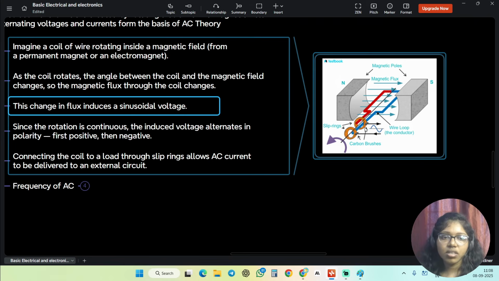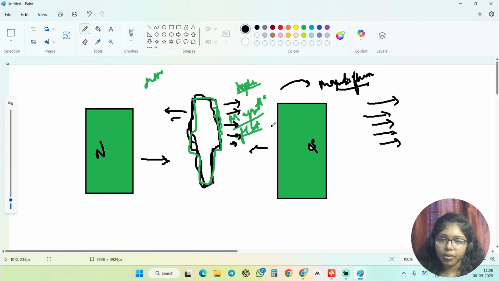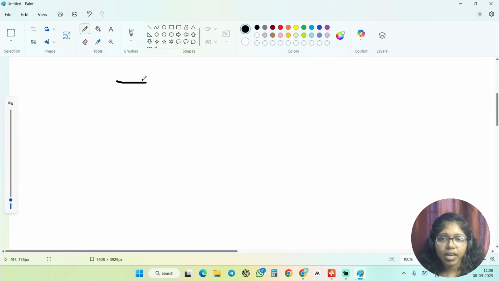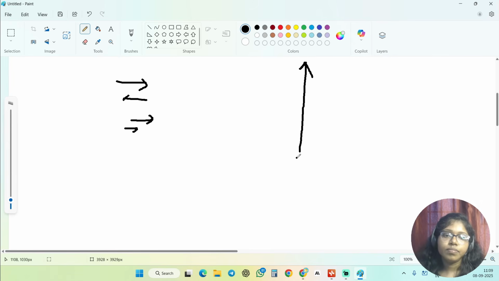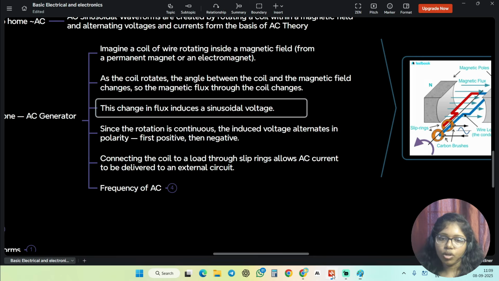Whenever the flux changes, it starts creating voltage, that means it starts creating current. At that time, the sinusoidal wave is created because the flux is actually changing. The continuous change in your flux creates the sinusoidal wave. The voltage changes with respect to time because it is continuously changing, depending on the flux being created.